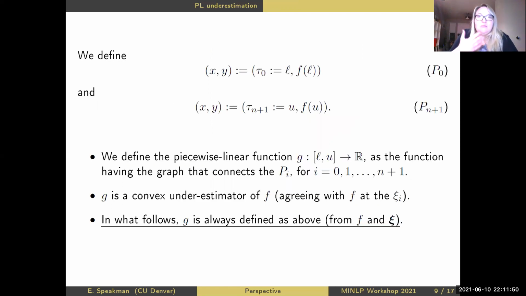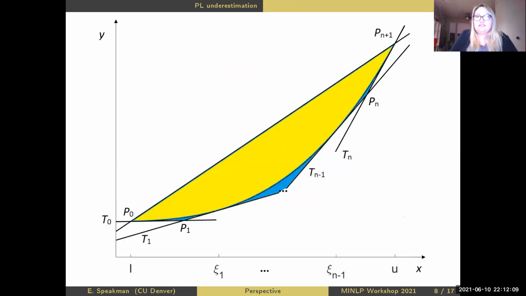And in particular, I define that first intersection point to be at L and the last intersection point to be at U. So I now have this piecewise linear function. I'm going to call it G, and I'm going to define this function as the function that connects these points. So my piecewise linear function G is the function that connects P0, P1, all the way up to Pn, Pn plus 1.